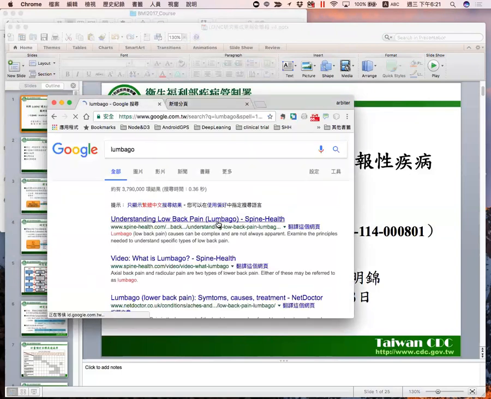Yes, lumbago. If I type low back pain, I cannot find it exactly in ICD-9. But if I use lumbago to search, then I can find it. So the problem is that even if you know the concept, it has too many names.